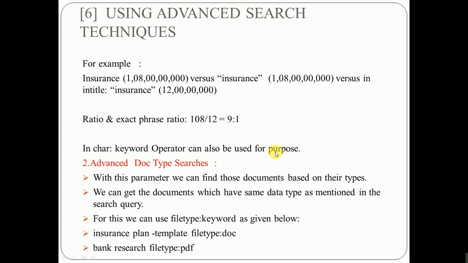So you can get documents with the same data type, as we specified in earlier examples: PPT, PDF. So you can specify the same data type in the search query. There is no restriction on the search query.